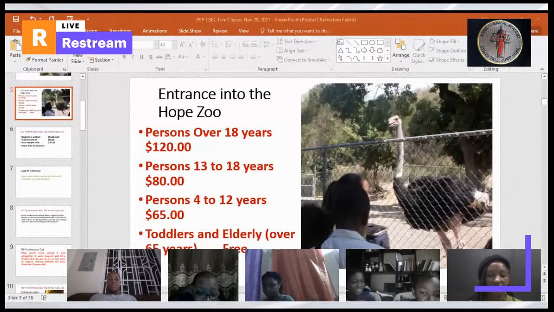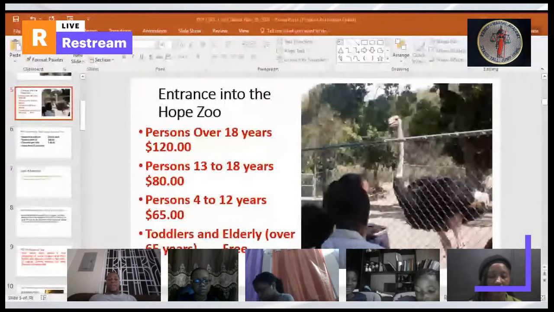Entrance into the Hope Zoo. Persons over 18 years, $120. Persons 13 to 18 years, $80. Persons 4 to 12, $65. Toddlers and elderly over 65, free, miss.